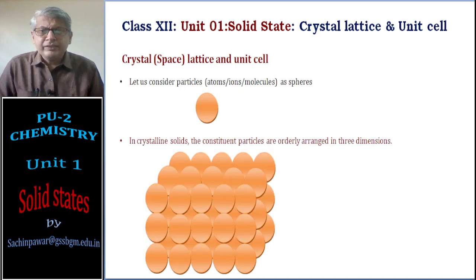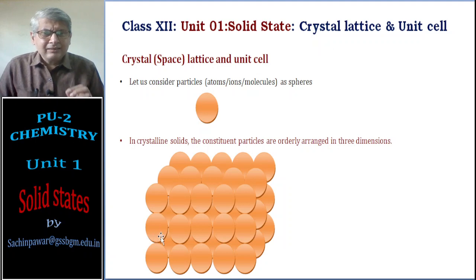One way could be this. Here the different particles are arranged in an orderly manner, as you can see here. When they are arranged in an orderly arrangement, you will get a three-dimensional network of those particles, and that is actually a crystal lattice.